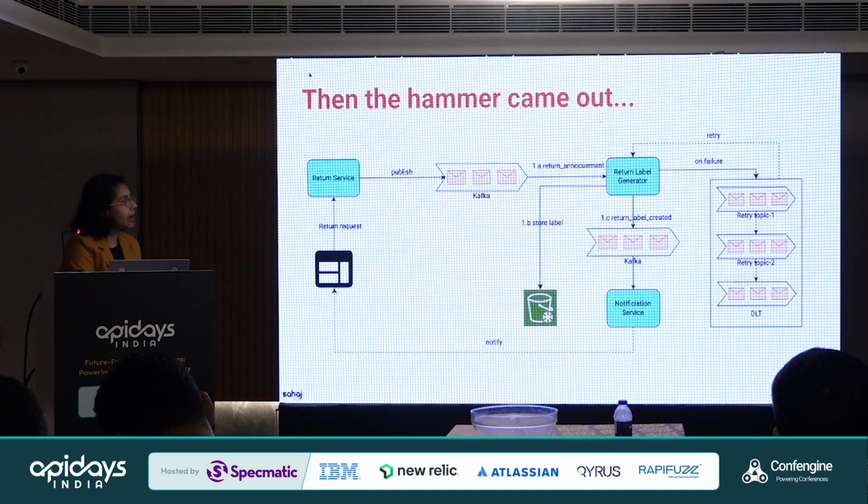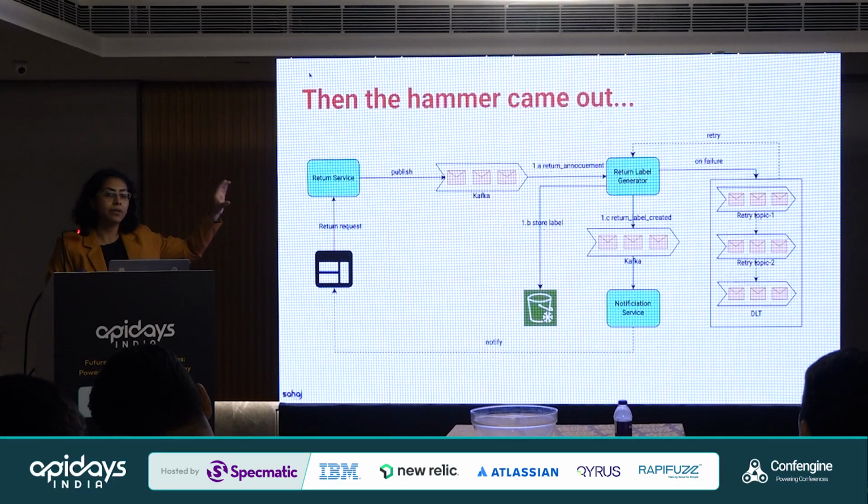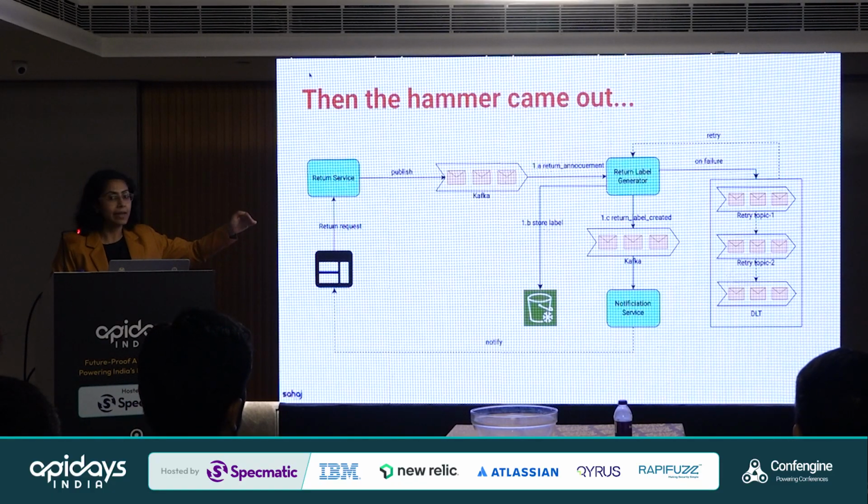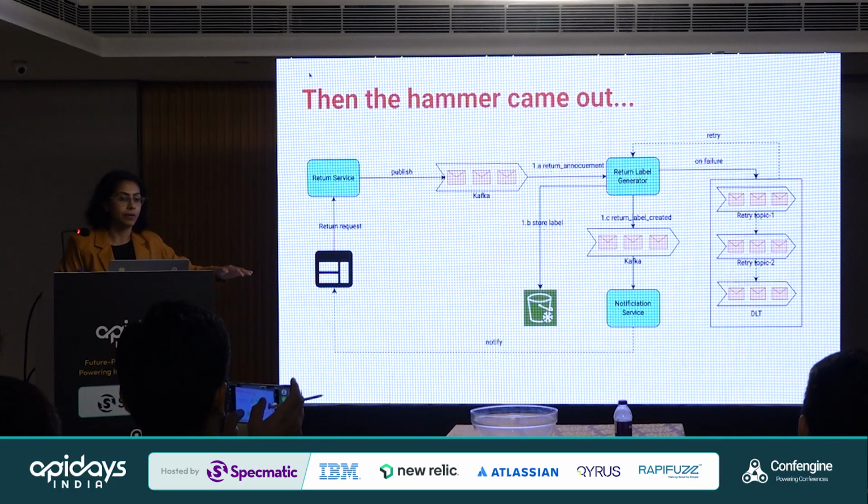We had our main Kafka topic, and that was being processed. Then if the return label was not correctly generated at that point in time, it went to the next retry topic. From that topic, again if it failed, it again went to the next topic. And finally, it ended up in a dead letter topic.